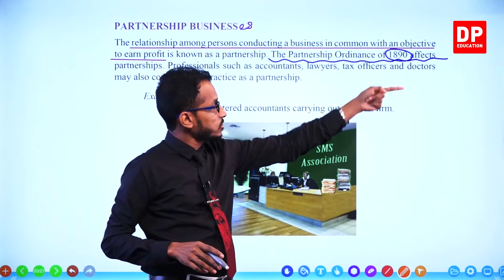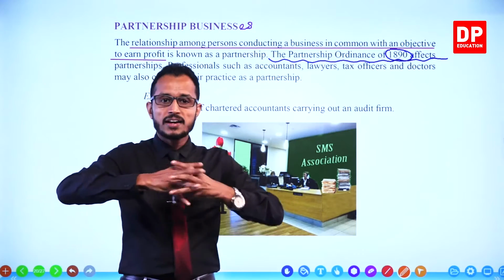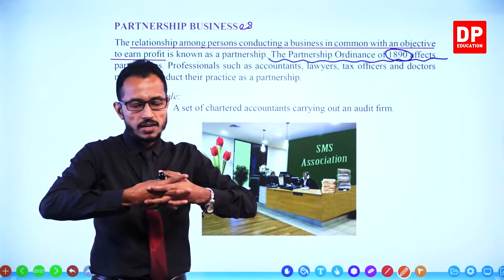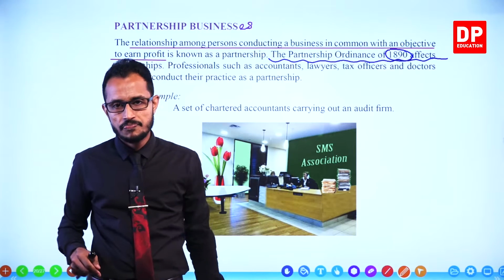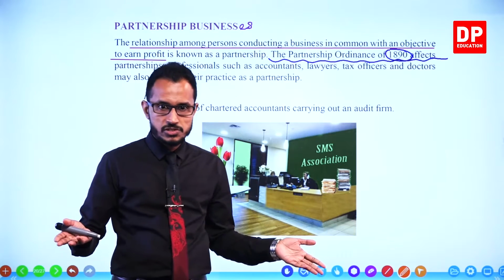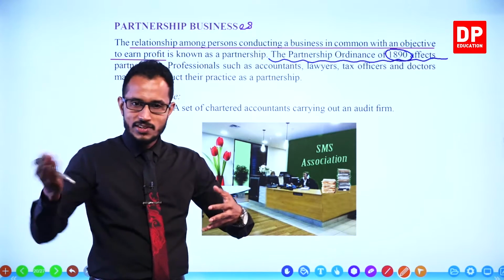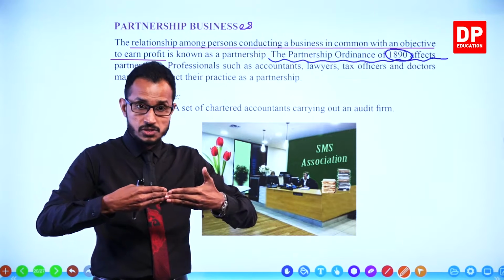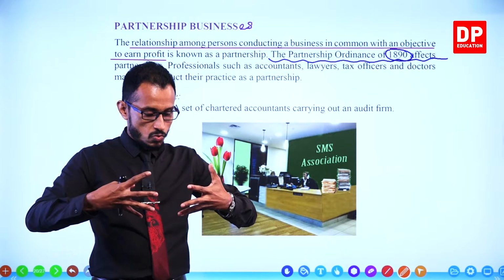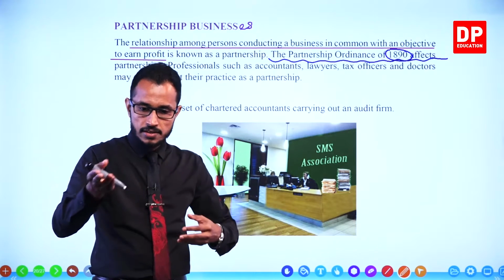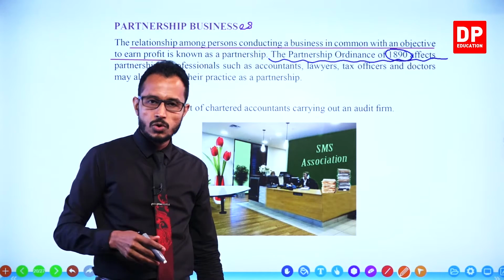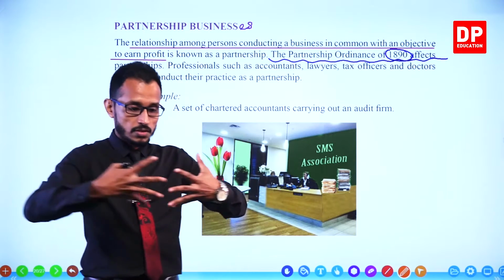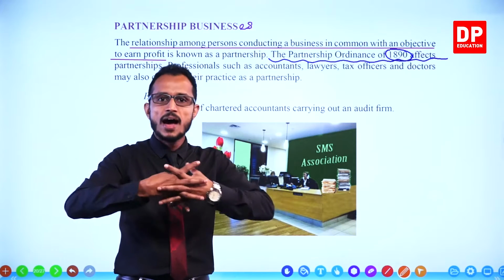Professionals such as accountants, lawyers, tax officers, they get together and they form a partnership business. Like two lawyers, they get together and they start a partnership business. Not to sell fruits or fresh juice. When two lawyers get together, they can share their contacts and they can coordinate with each other and go and face the court cases and serve their clients, getting together and forming a partnership.